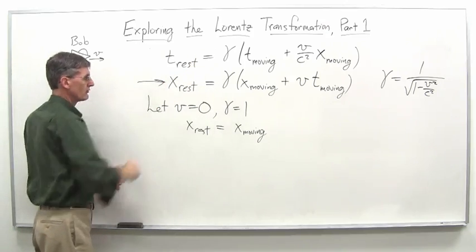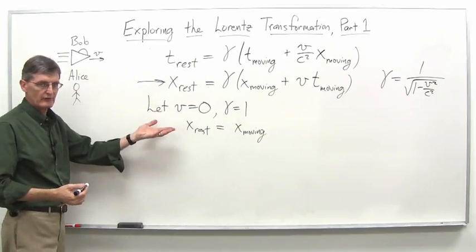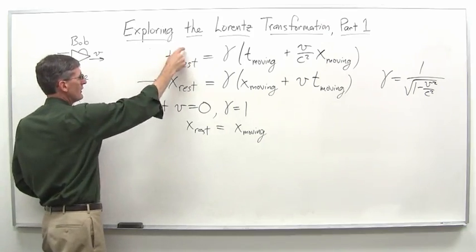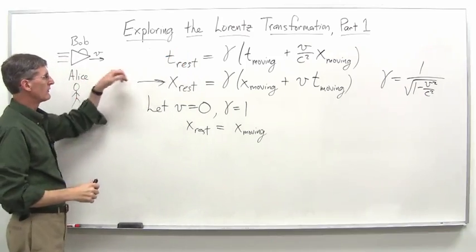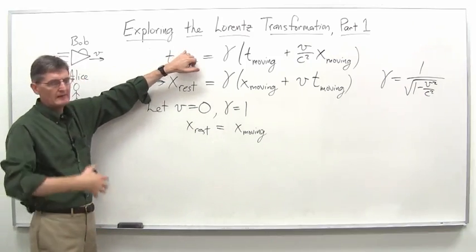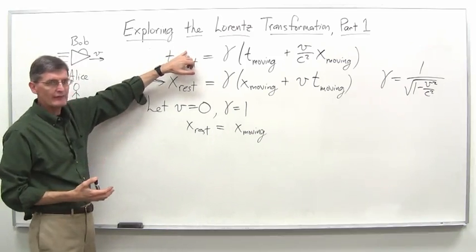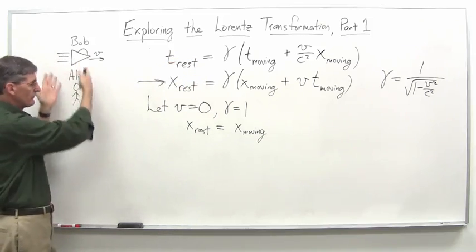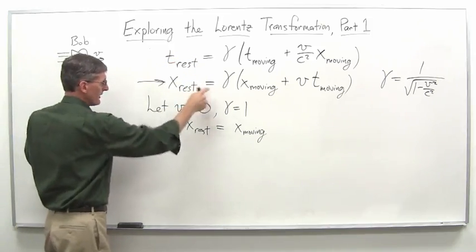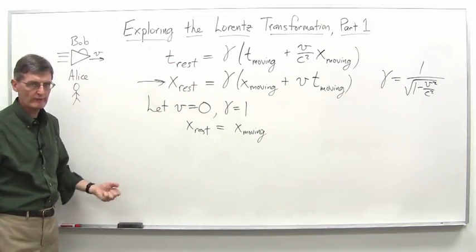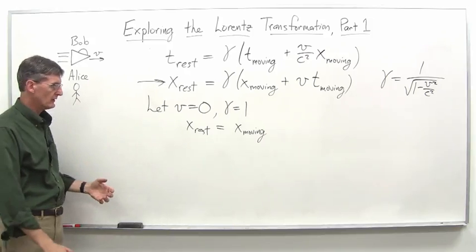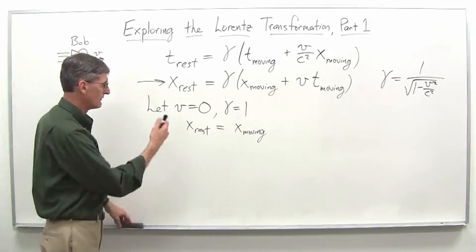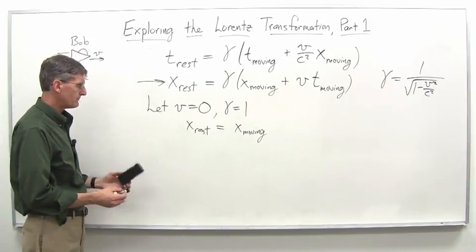Bob would have his as well. If v is 0, they're not moving with respect to each other. So if Bob sees something in his moving frame at x moving equals 23.8, since they're stationary with respect to each other, Alice would also see that on her system as 23.8. So that's what this is telling us, and we hope we get this answer, otherwise something went wrong along the way. That's one simple check we can do.